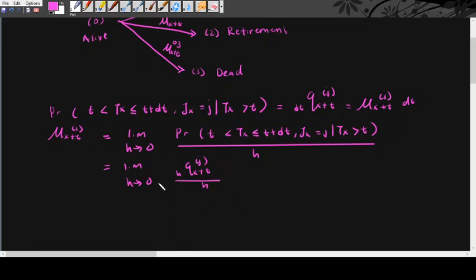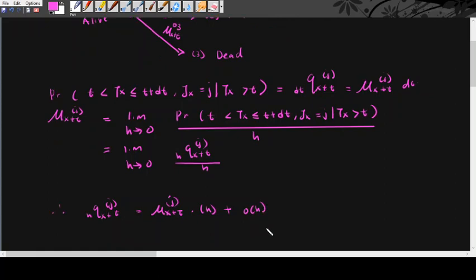Given that this one is o(h) function, in any decrement functions, you are going to get h qx plus t j equals to mu x plus t j times h plus o(h).